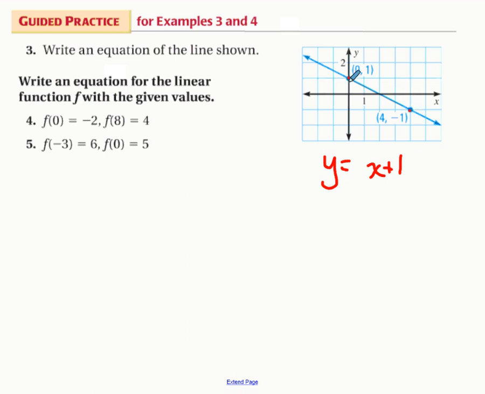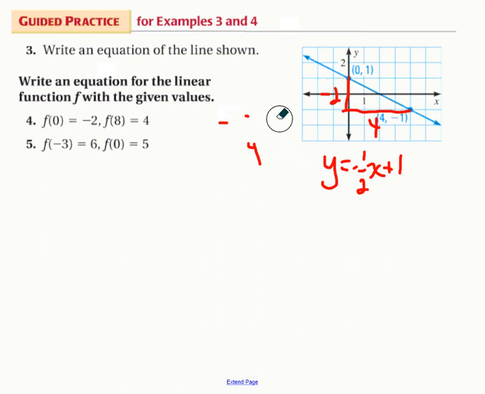I'm dropping 1, 2, so -2. And I am running 1, 2, 3, 4, +4. So I could write my slope as -2 over 4. I'm going to reduce it because it just makes sense to reduce it. So I'm going to go -1/2. So my equation of my line is going to be y equals -1/2 x plus 1.